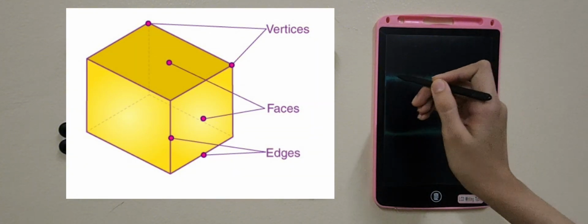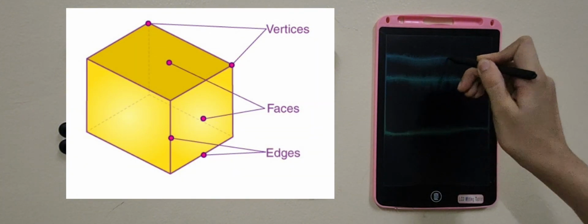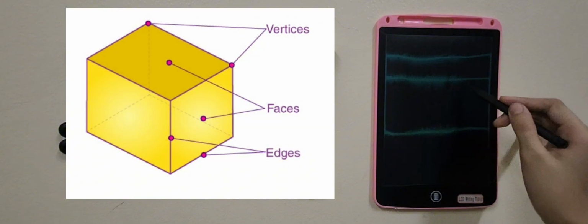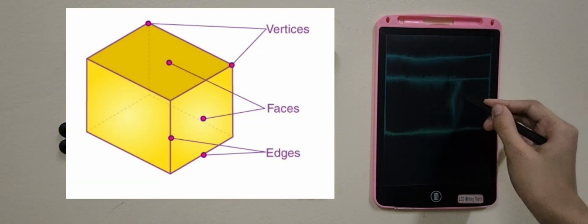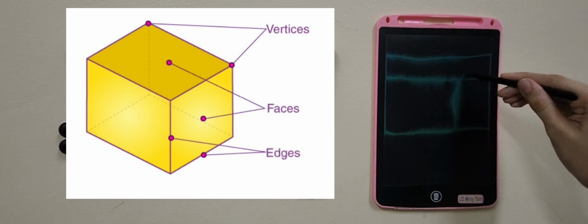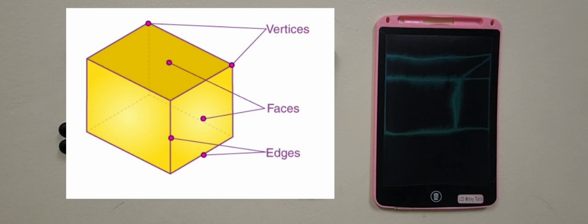I'm going to draw a simple cuboid, no real life example, just a simple cuboid. Okay, so that is a cuboid.